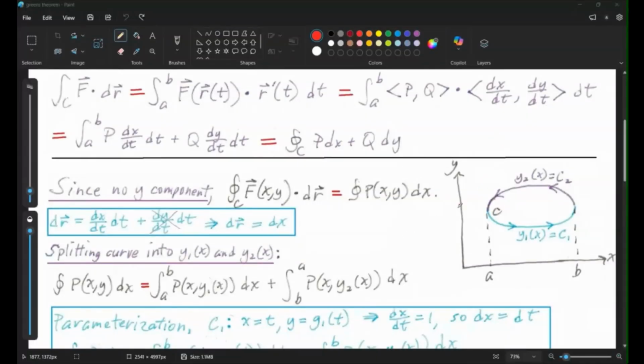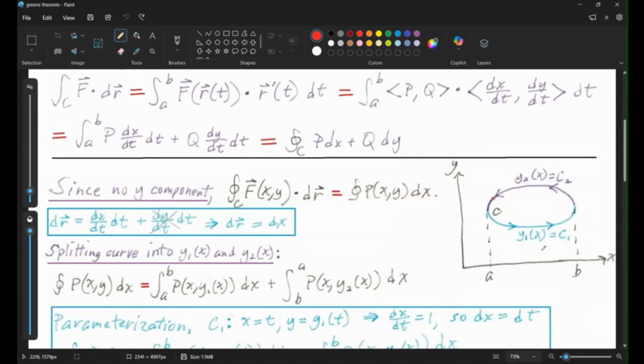The strategy for deriving Green's theorem is we're going to take an integral over a closed curve, but we're going to ignore the y components. We're just going to pretend all the vectors were nothing but horizontal.